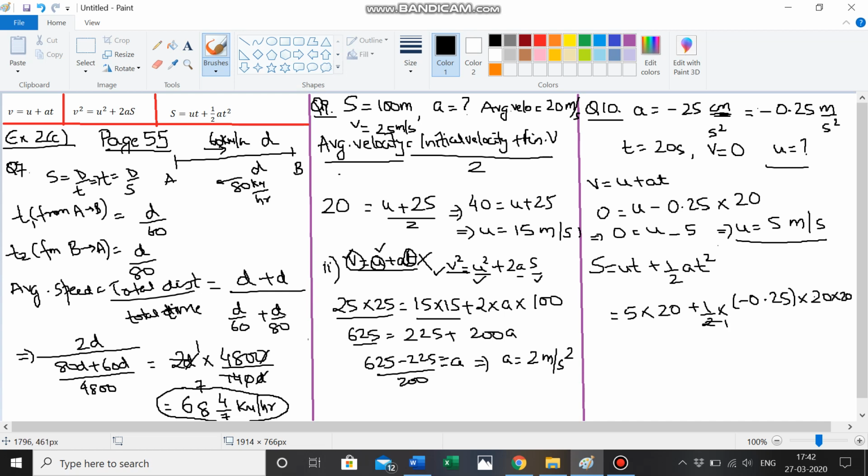So 5 into 20 is 100, plus into negative is minus. So half of 400 is 200, 200 into 0.25 is 50. So 100 minus 50, which is equal to 50 meter. So the bus in this case runs for 50 meter in this time. Thank you.